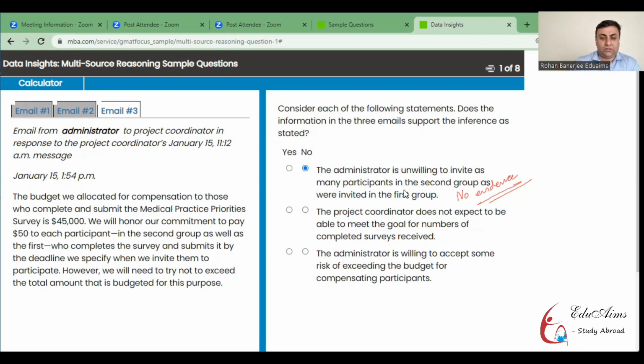Okay, this is also no, right? Why? Because if he does not expect, then he would not have sent the survey to an additional group of people, right? So this is also no.